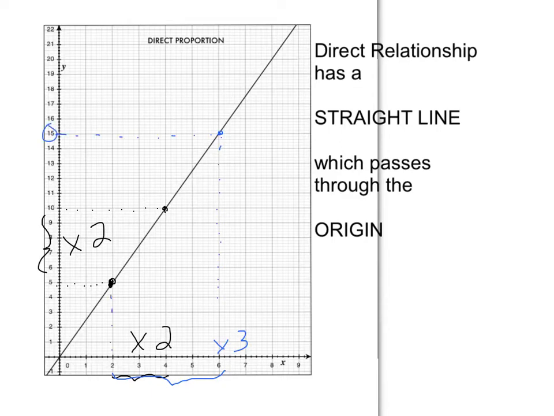And at 2, I started at 5. Well, indeed, 5 times 3 is 15. So this tripled as well. So direct relationships, that's exactly what happens. Whatever's happening along the x-axis, the same thing is going to happen along the y-axis mathematically.